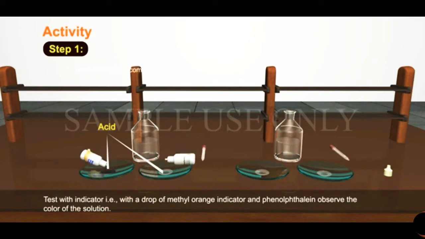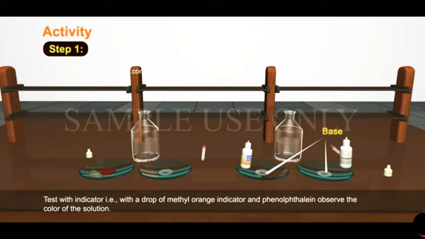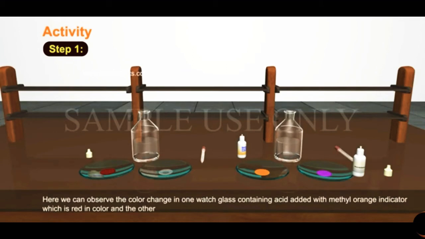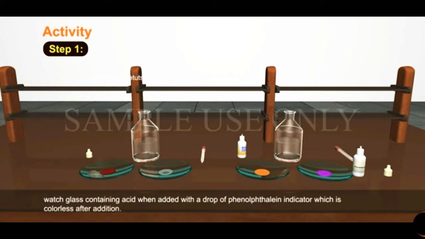Step 1. Test with indicator, that is, with a drop of methyl orange indicator and phenolphthalein. Observe the color changes in the solution. Here we can observe that the watch glass containing acid with methyl orange indicator is red in color, and the watch glass containing acid with a drop of phenolphthalein is colorless.